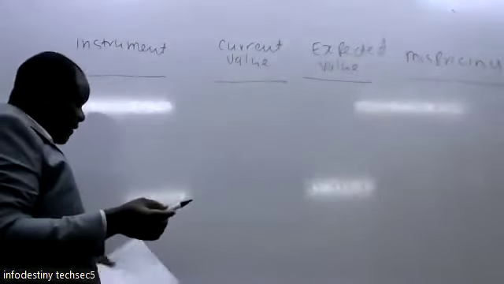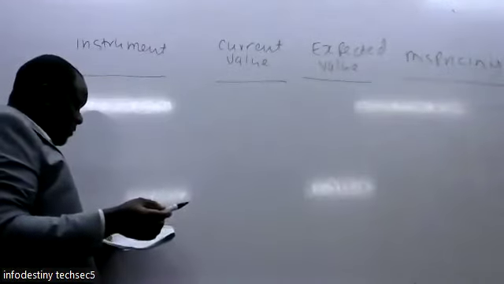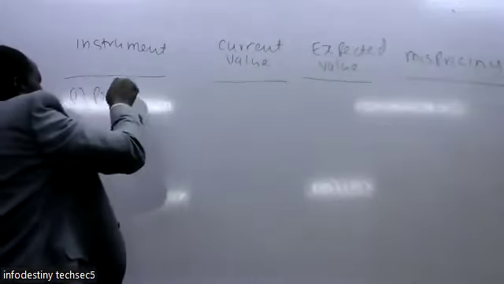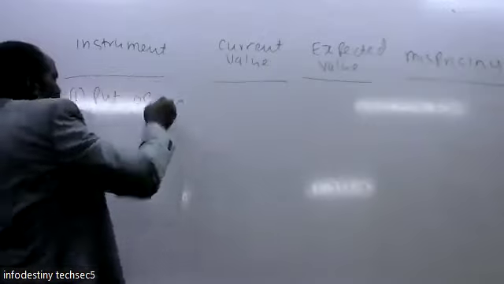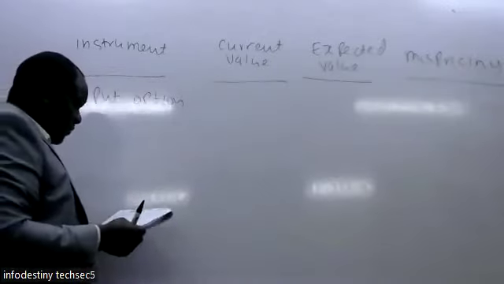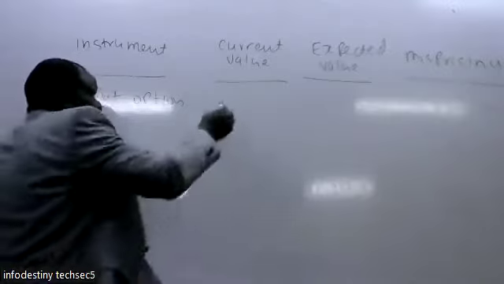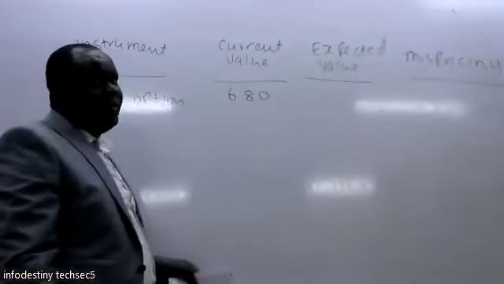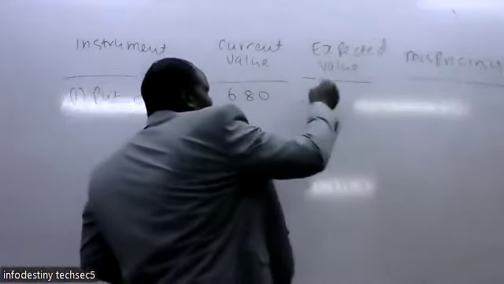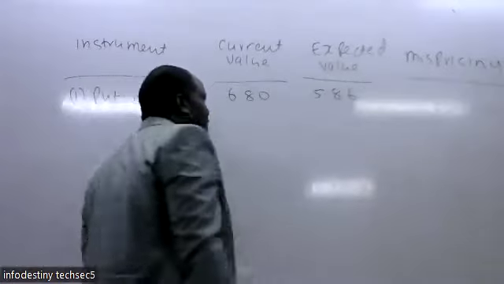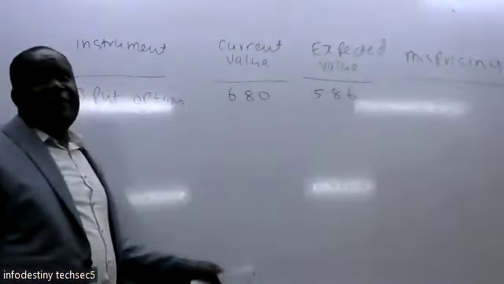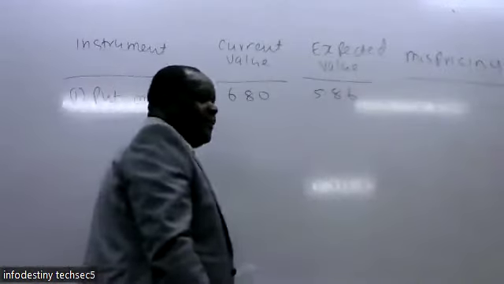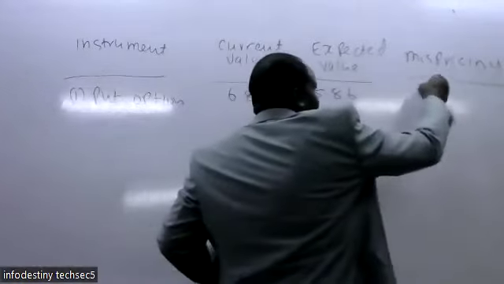So the first one is our Roman letter 1, the put option. What is the current value of the put option? 6.80. The one that you calculated in Roman letter 1 is 5.86. So get the difference to give us now the mispricing, 0.9.